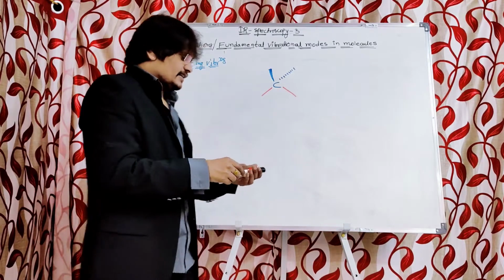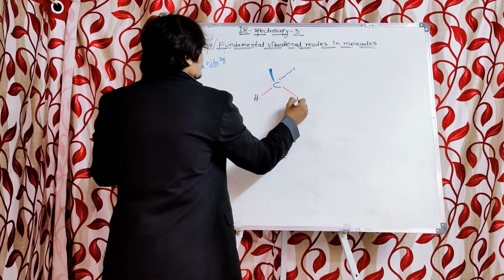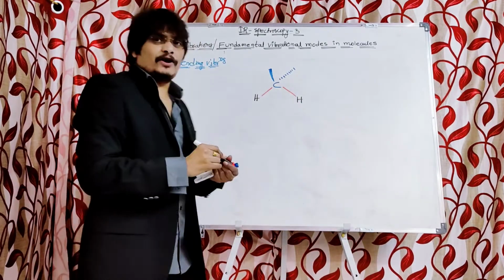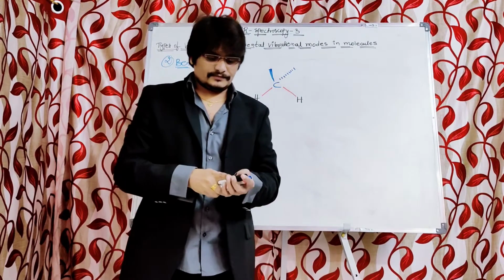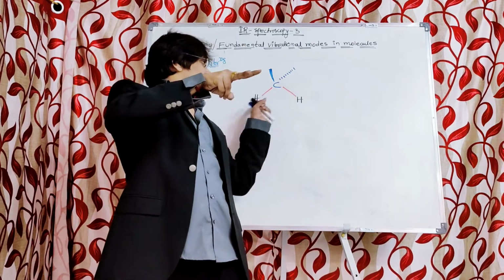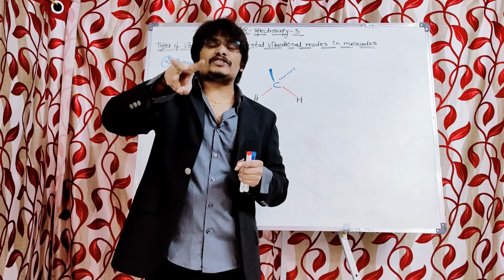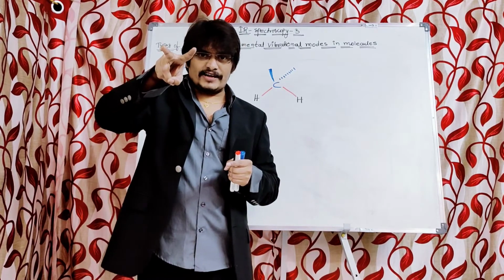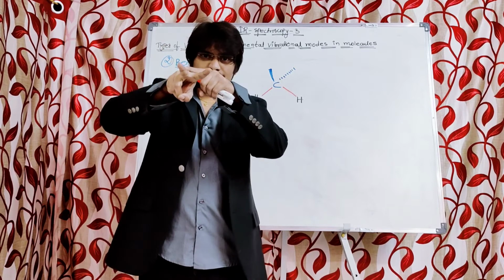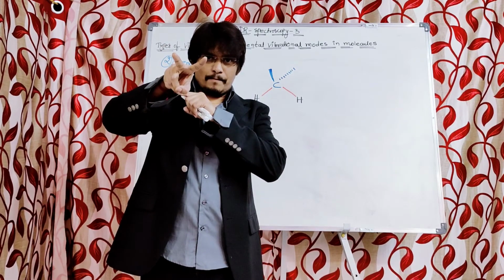So let us take the hydrogens. Two hydrogens, let us say. Now for these two hydrogens, four types of bending vibrations are possible. One is this. This is the axis, so bond length is same.